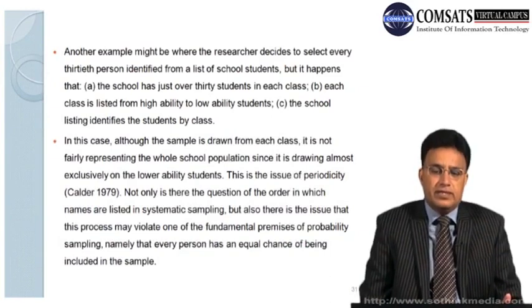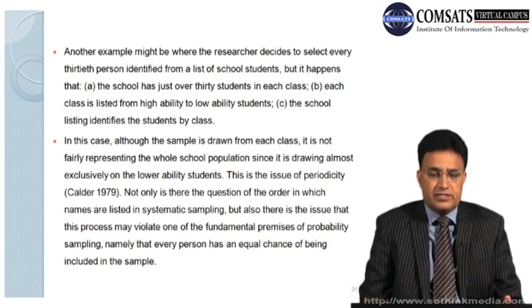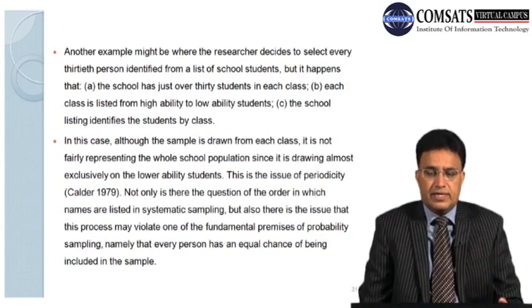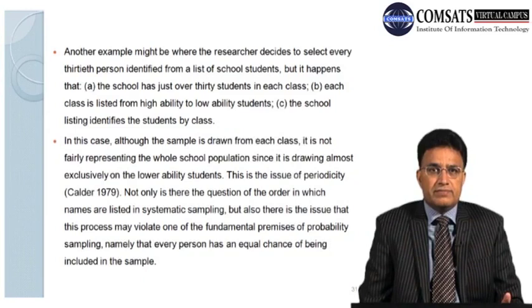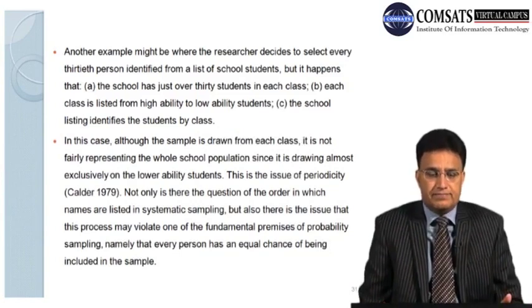Another example might be where the researcher decides to select every 30th person identified from a list of school students. But it happens that, number one, the school has just over 30 students in each class, number two, each class is listed from high ability to low ability students, and number three, the school listing identifies the students by class.